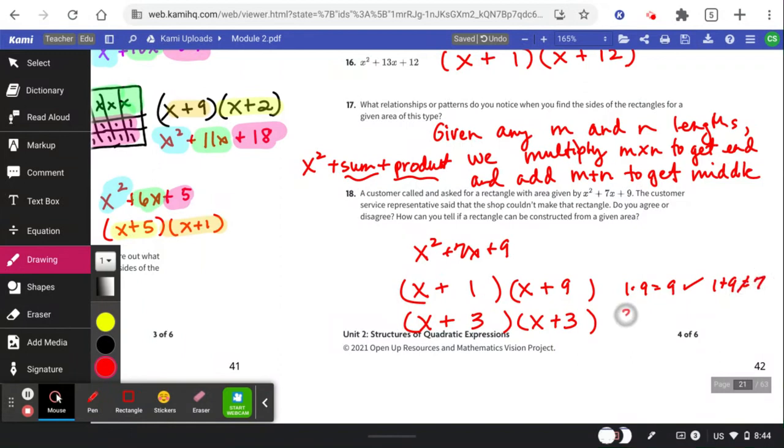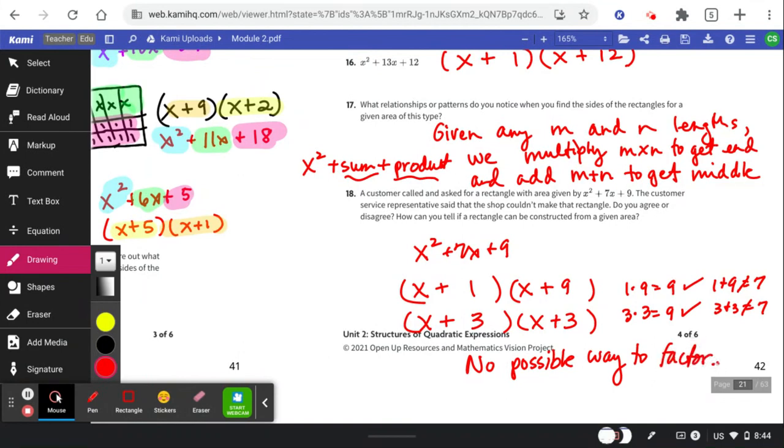No. Does the 3 times 3 give me 9? Yes. Does 3 plus 3 give me 7? No. So there's no possible way to factor this because there's no factors of 9 as a product that would give us 7 as a sum.